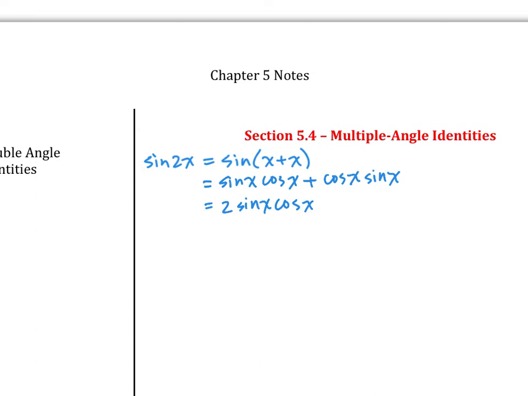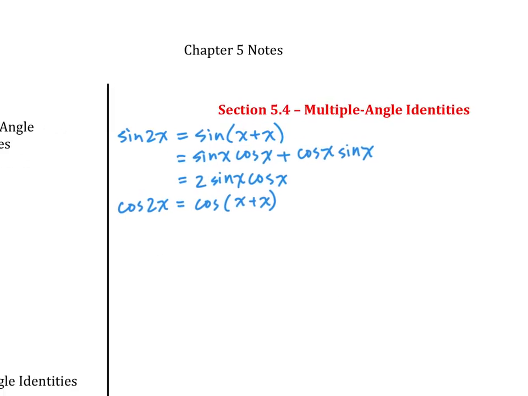Okay, we can do the same thing for cosine. So cosine double angle. Two of the same angle is the same as x plus x. So we can derive the formula the same way. So cosine, cosine, sine, sine, with the cosine sum formula being cosine cosine minus sine sine.